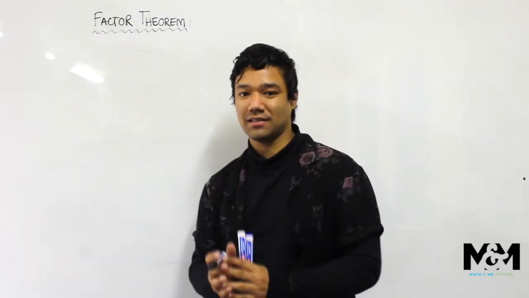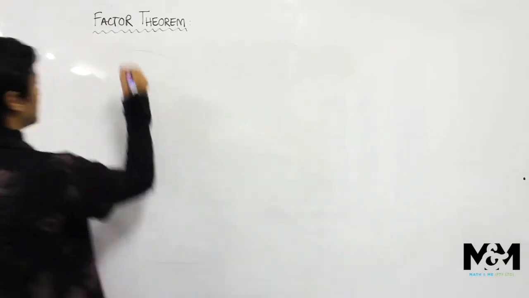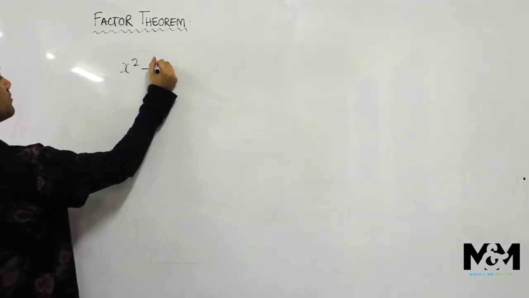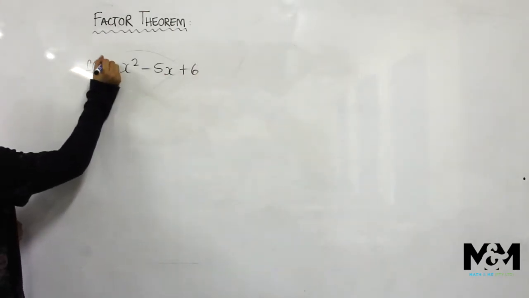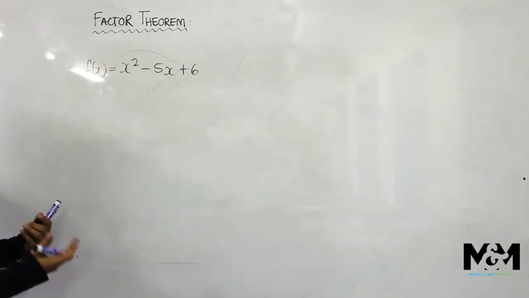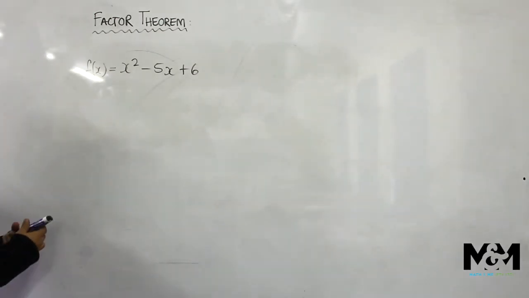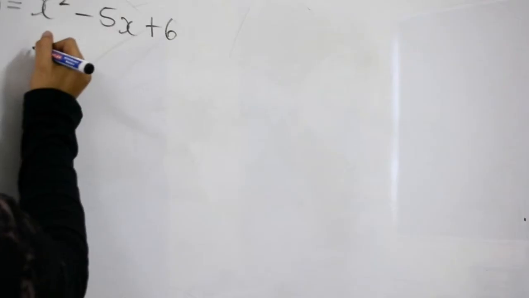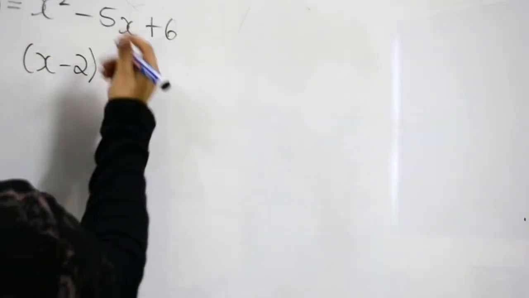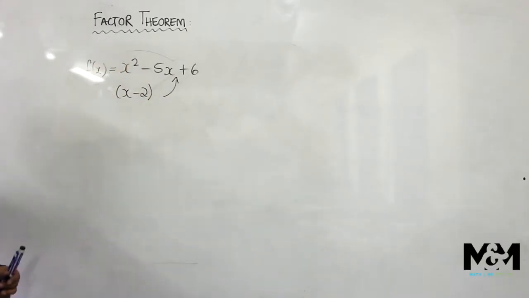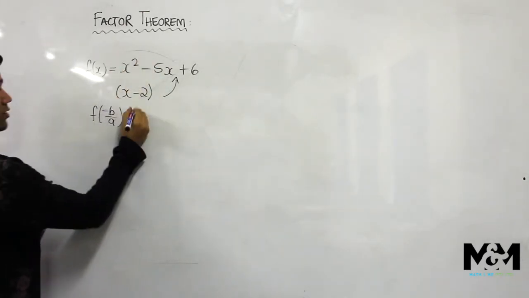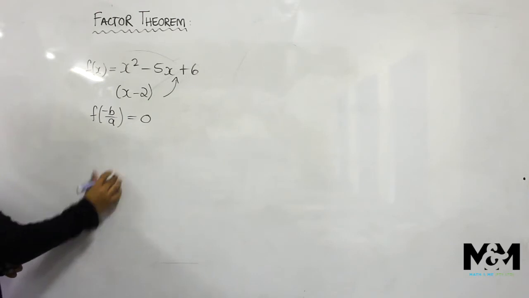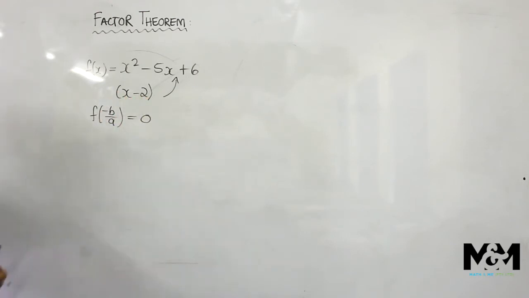Okay, so before I get into my example, let's just look at a trinomial like x squared minus 5x plus 6. So let's say this is the function we are given. Quadratic function, basically a parabola. So if I want to test whether x minus 2 is a factor of this function, according to my definitions that I provided before, f of negative b over a should equal 0, with x minus 2 being where I get my a and b values from.